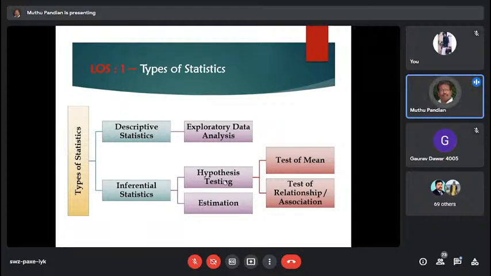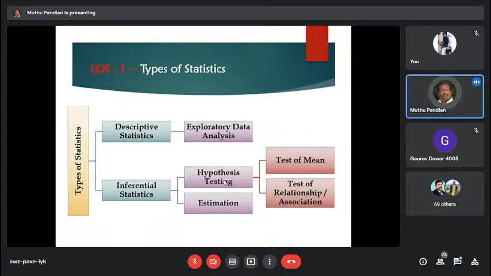What is the role of descriptive statistics? The role of descriptive statistics is to describe the characteristics of the sample data. It explains the characteristics of the sample data.